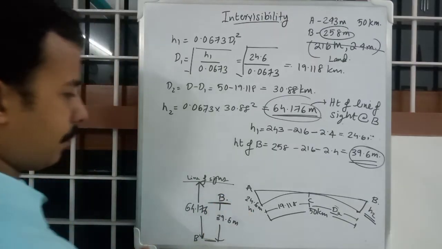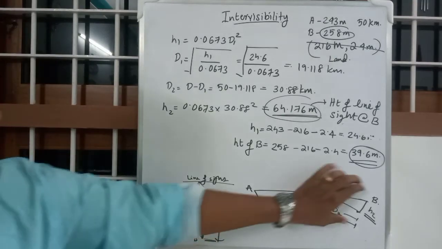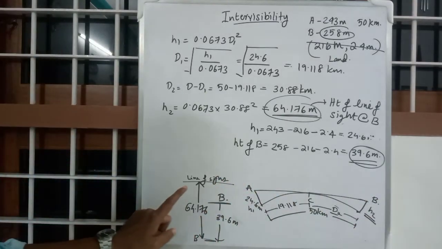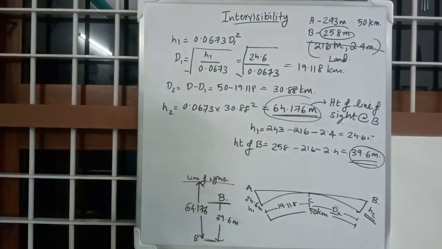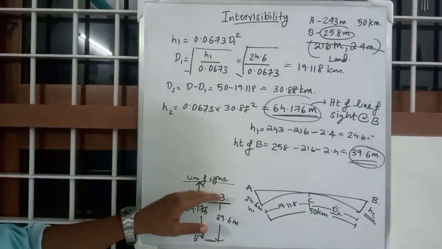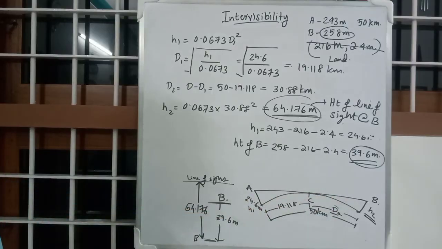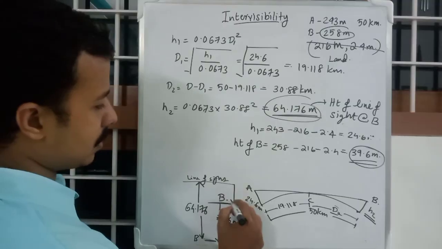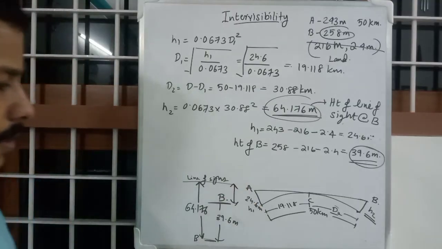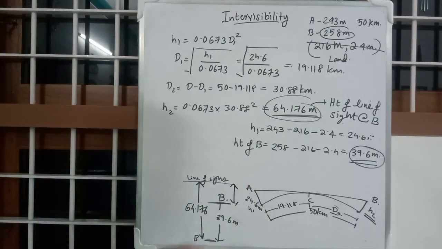This is B. So obviously the line of sight is passing over B. So currently A and B are not intervisible, and you have to elevate this to make B visible from A.